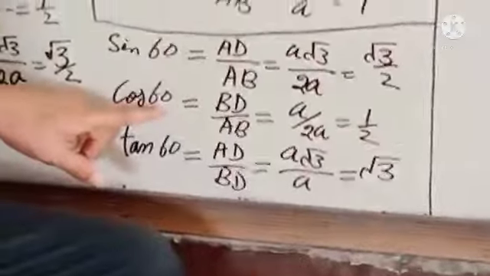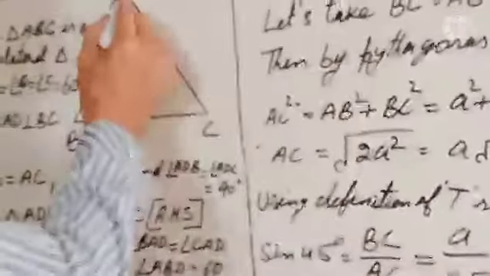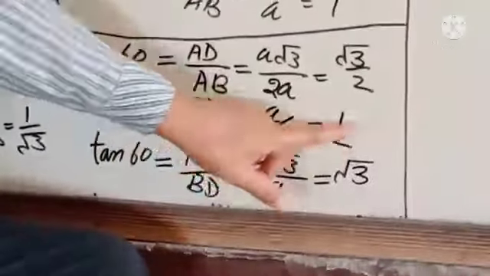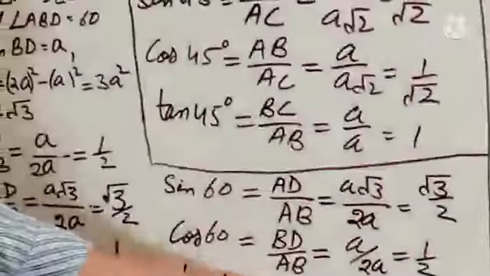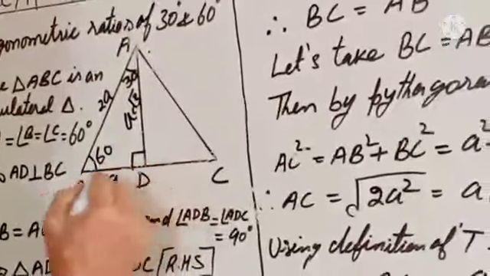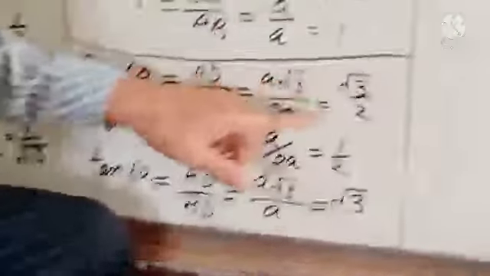Similarly, cos 60 is adjacent side upon the hypotenuse. That gives us 1 upon 2. And tan 60 is again the opposite side upon the adjacent side. That gives us root 3. Let's note these three values first.